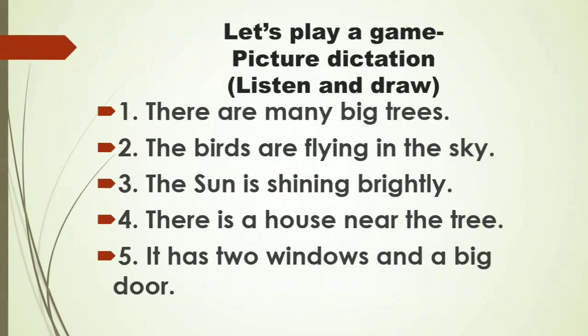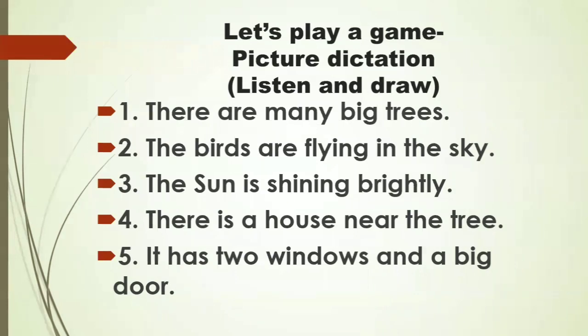It has two windows and a big door. Yes, you have to draw two windows on the house and a big door over there. Well done, children. I hope that you have completed this picture.